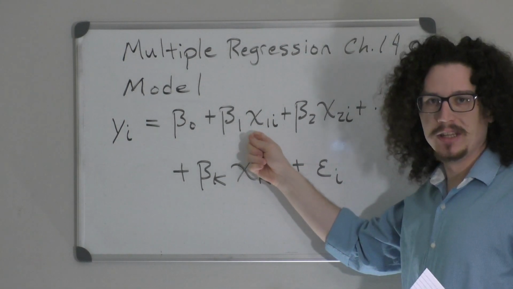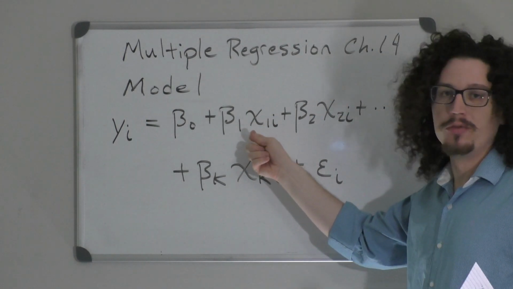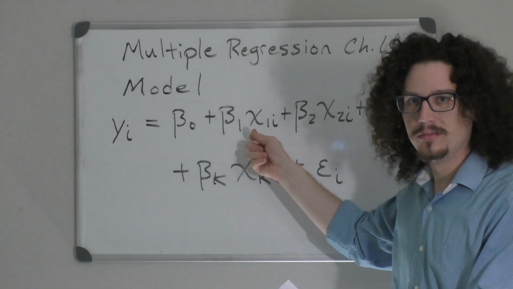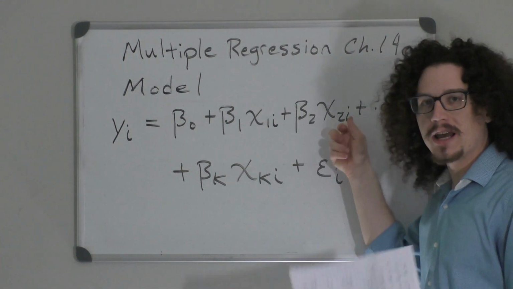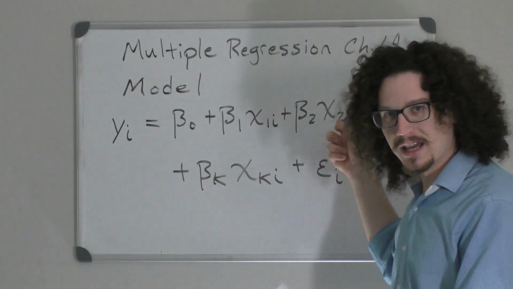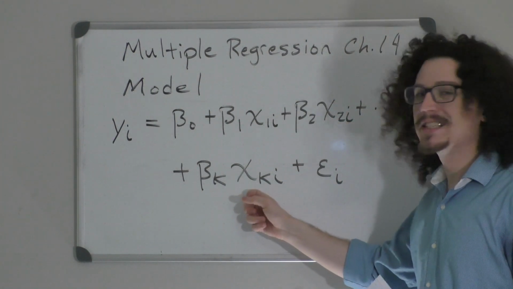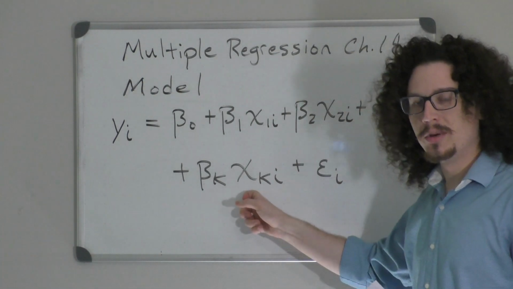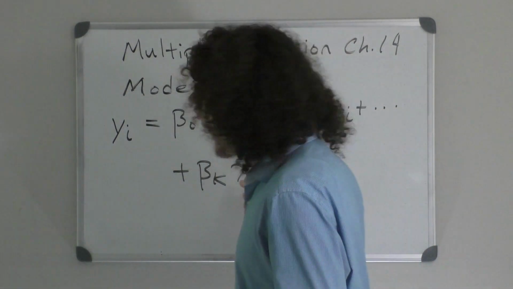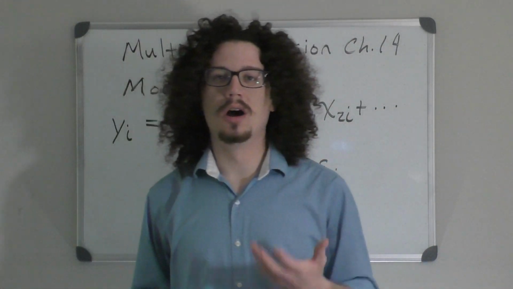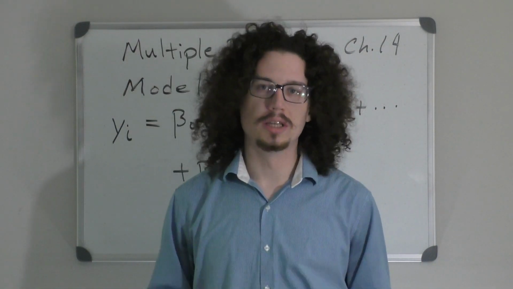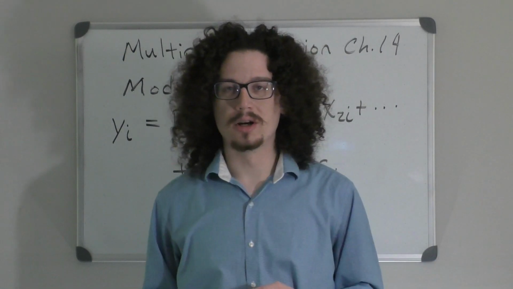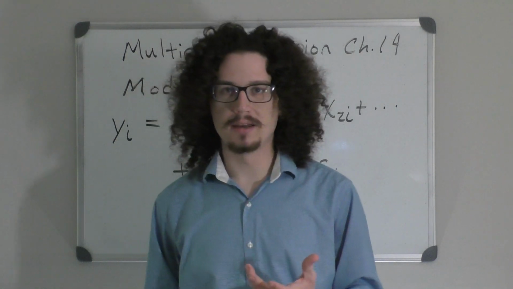So x1i is the ith observation of the first independent variable. x2i is the ith observation of the second independent variable. xki is the ith observation of the kth independent variable. And k is going to be important. k is the number of independent variables we are looking at. However many variables we are using to predict our dependent variable, that is what k is.